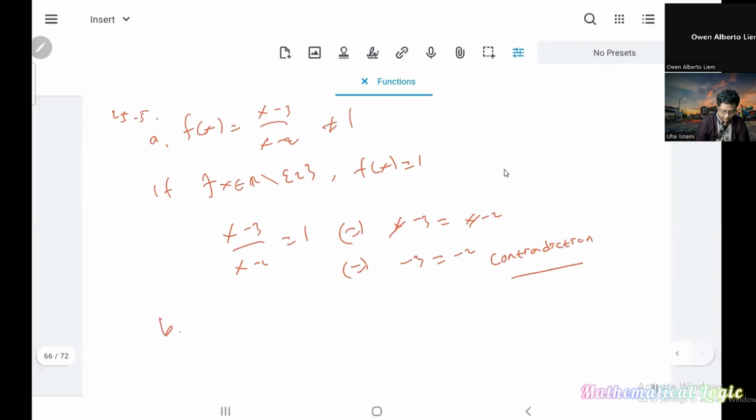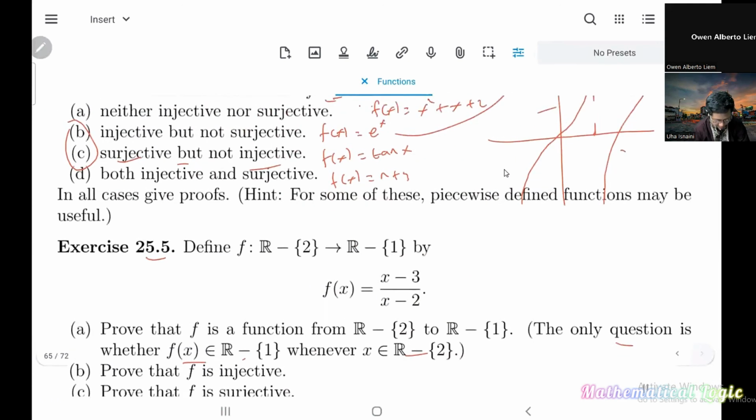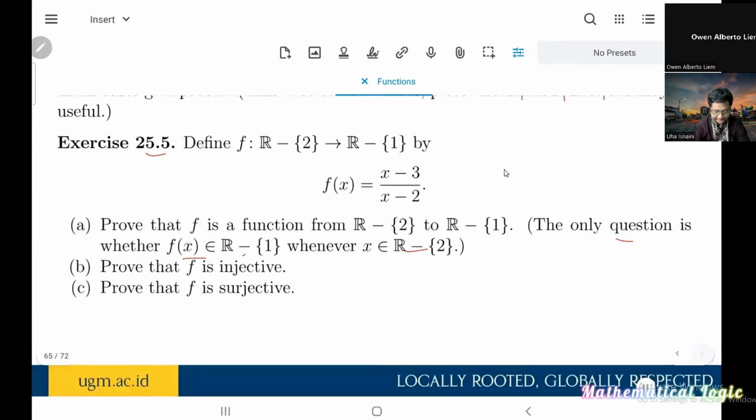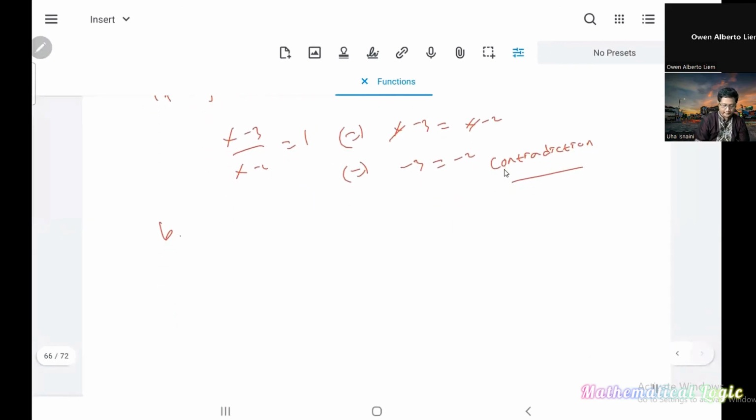For point B, we would like to prove that f is injective. I think it is almost the same as what we had before. So take any x1, x2 in R minus {2} where f(x1) is equal to f(x2).